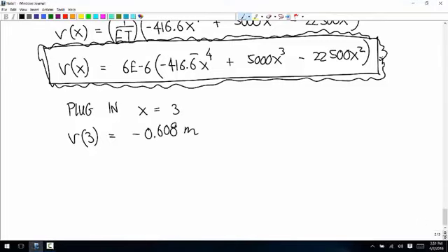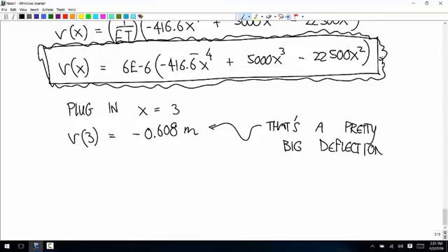Okay, well, that's a pretty big deflection. So that's probably not realistic for the approach we're taking.